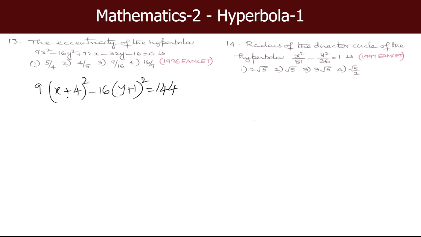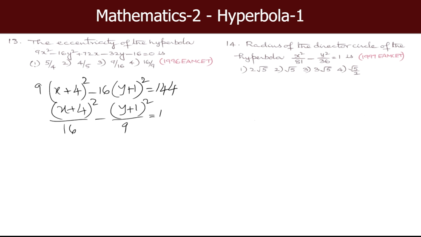So that this becomes a completion of squares. 9 times (x + 4)² can be obtained by adding 144 to 9x² + 72x, and the rest, −16y² − 32y − 16, is already −16 times (y + 1)². Or this is (x + 4)²/16 − (y + 1)²/9 = 1.